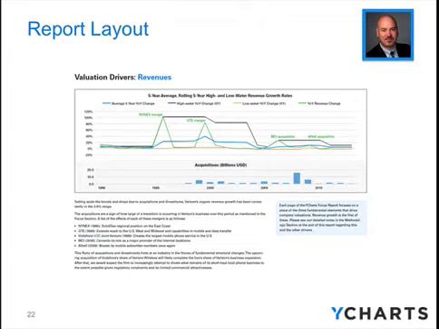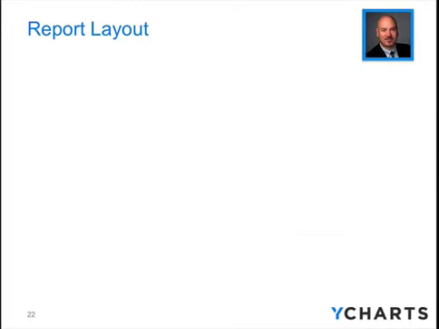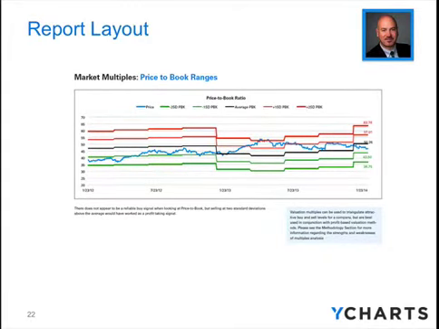Once we go through all of these charts, we'll get to the final section, which shows market multiples. In this case, you can see the price to book ranges. And we also have tables where we can compare the results of this focus company versus the results of other similar companies in its sector and industry.